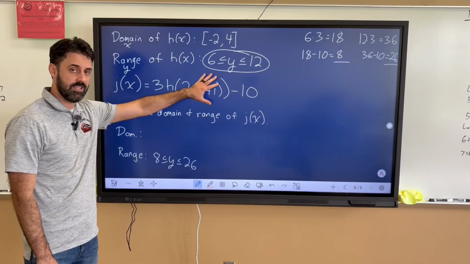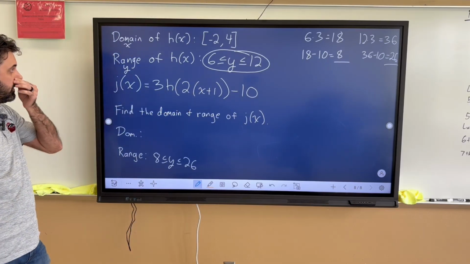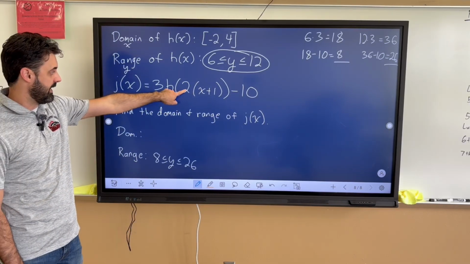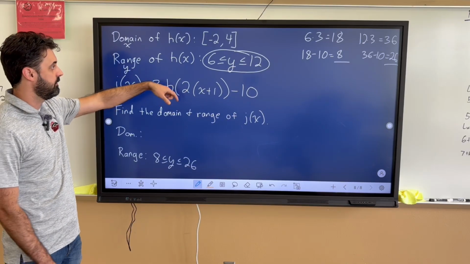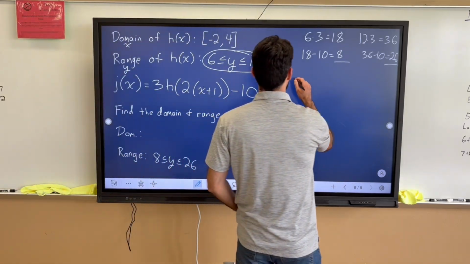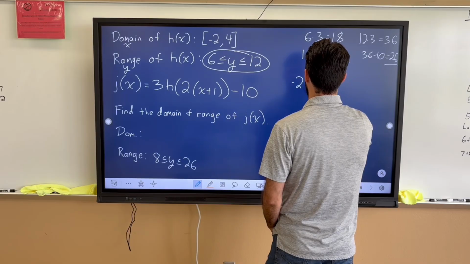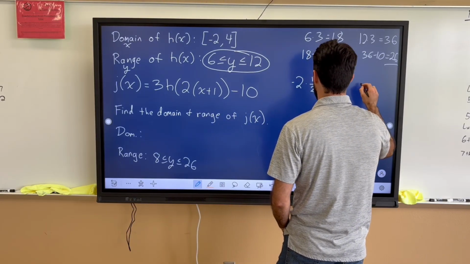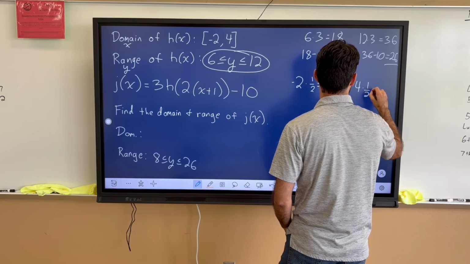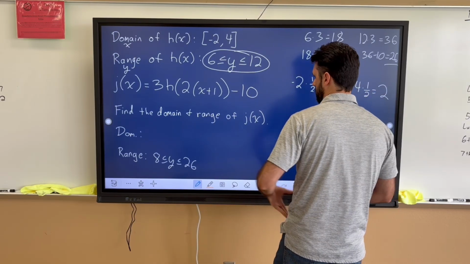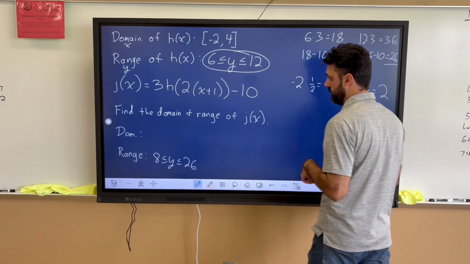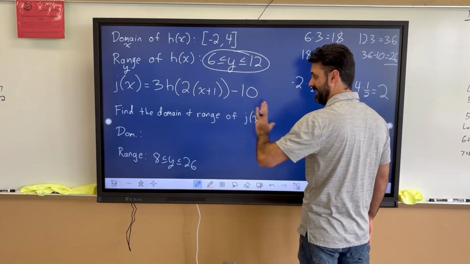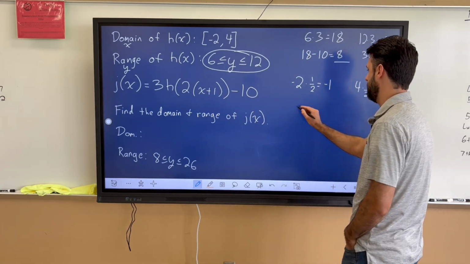Domain, again, the inside is going to affect the x. So times 2 actually means we have to flip it, times a half. So we're going to multiply both of our x coordinates by 1/2. So -2 times a half gives us -1. And 4 times 1/2 gives us 2. So multiplied by the reciprocal of that number. Then remember, +1 is really left 1. That means we want to actually subtract 1.